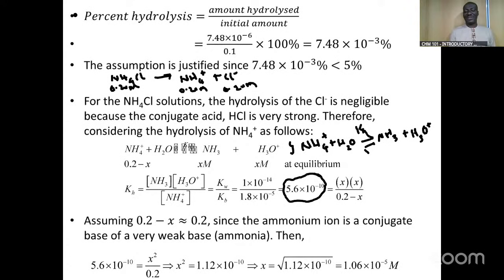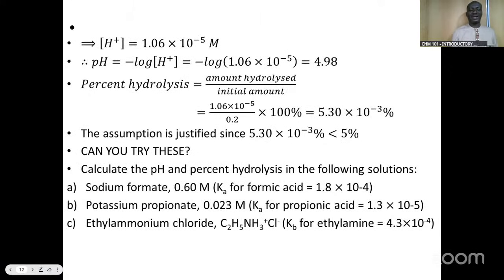Okay, so it's a very simple and straightforward idea. From there, we know the question asks us to calculate the pH. Since we know the hydronium ion concentration to be 1.06 times 10 to the power of minus 5, it becomes very easy to calculate the pH, since the pH is minus log to base 10 of hydrogen ion concentration, and that is equal to 4.98.